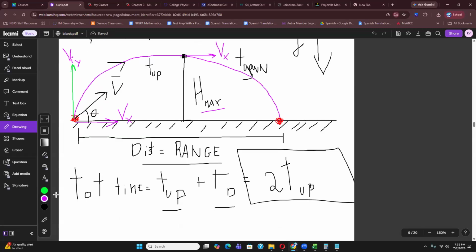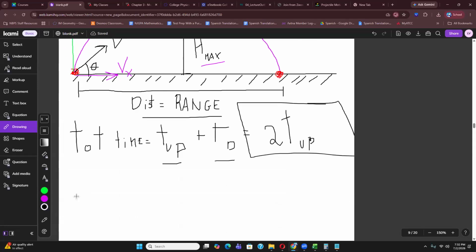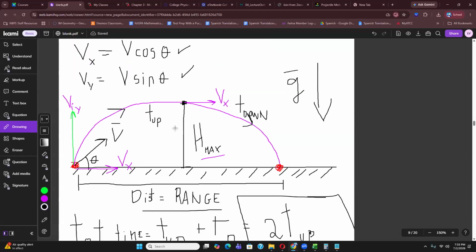Yes. So at H max, V final on Y is 0 meters per second. So I can find the time to go up and I can find H.